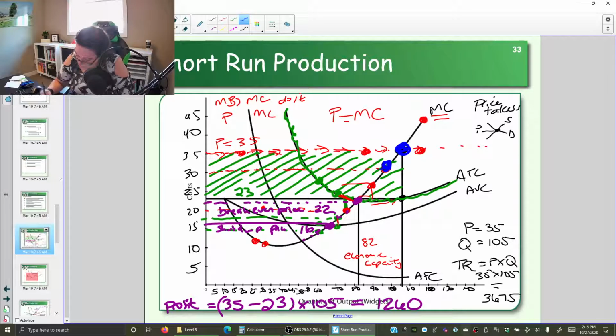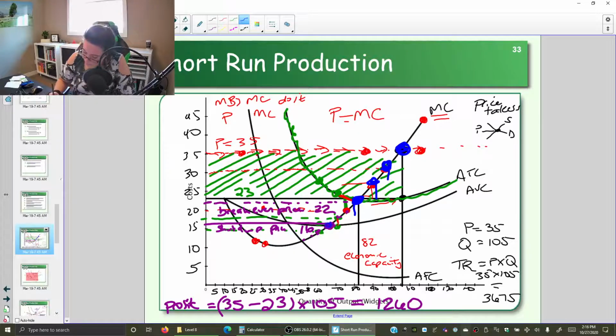When the price was 30, you were still willing to produce, you were still making economic profit. Same thing when we were looking at 27, and we were breaking even at 22. So we were able to produce at all of those prices, and we could find those quantities by simply going down and looking at how much we would be willing to produce at that price.